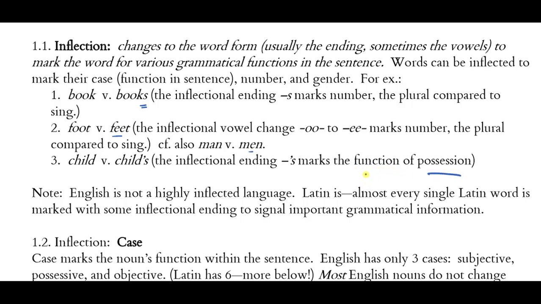Okay? So we have inflections in English. They're not as common. English isn't a highly inflected language, although once upon a time it had more inflections in its history. Latin is a highly inflected language. Almost every single Latin word is marked with some inflectional ending to signal important grammatical information.